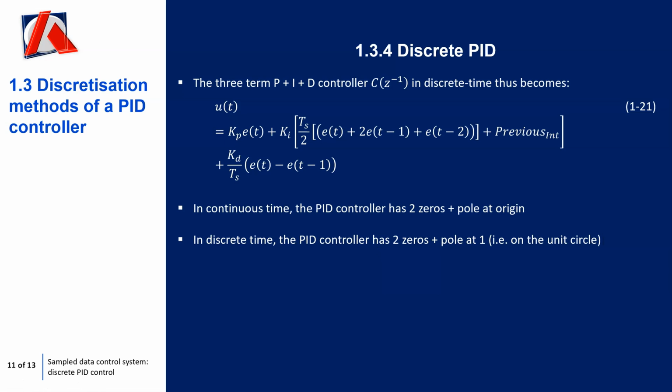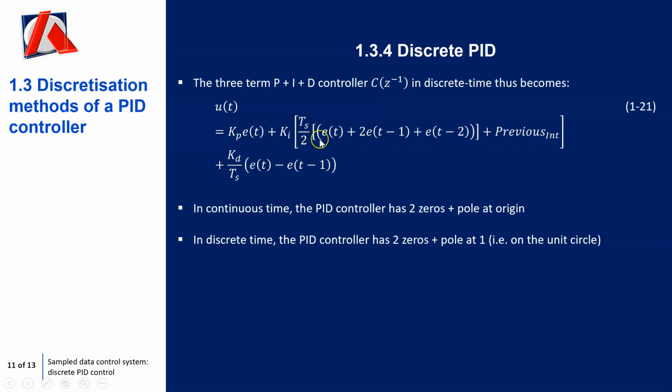Then the full form of the discrete proportional integral controller is given by this form. So u of t, the control input, is Kp e of t, which is just as you'd expect. The proportional doesn't change because it just multiplies the error. Ki, and then here you've got Kd over Ts. I've just moved the Ts over here, and you can see this is the form that you've just determined.